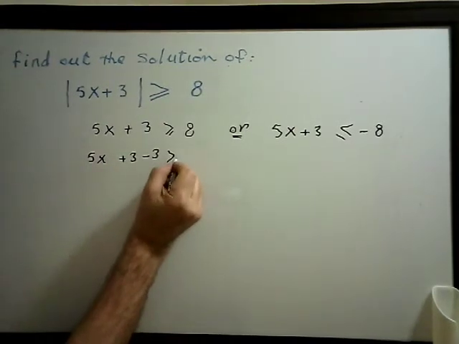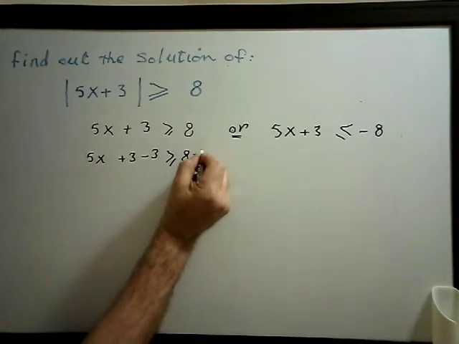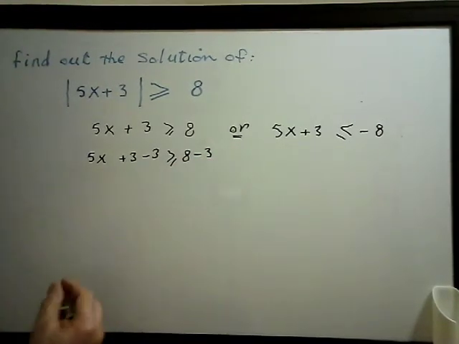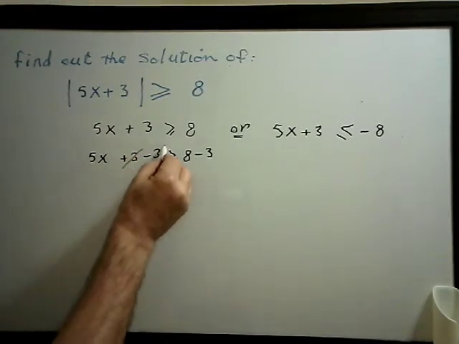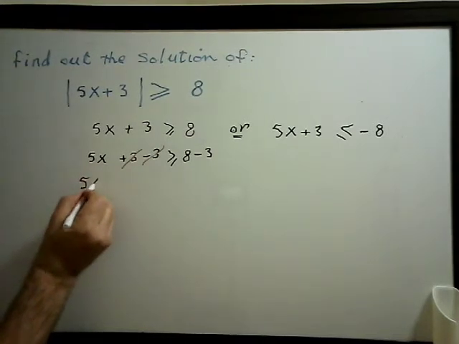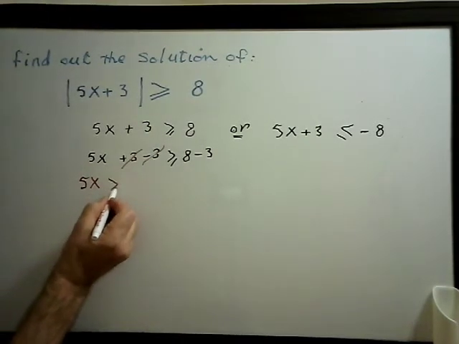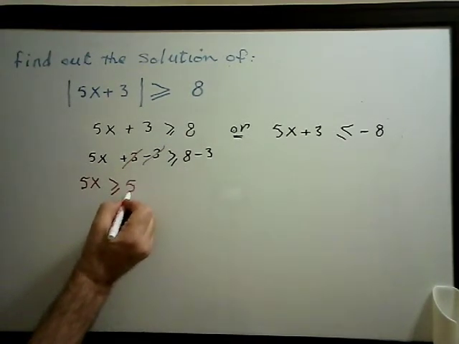Same thing, the number 8, we will put here negative 3. This helped me to cancel negative 3 and plus 3. So we got just 5x is greater than or equal to 5.